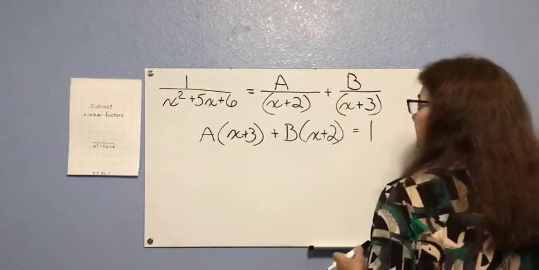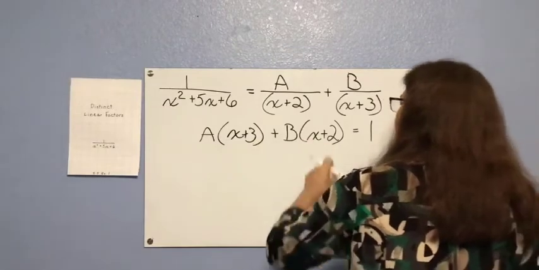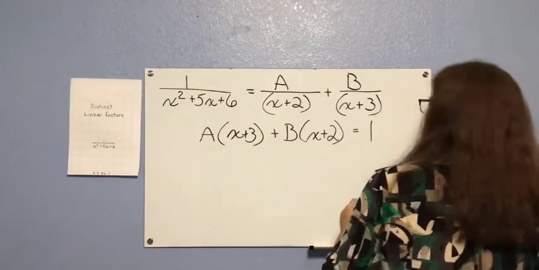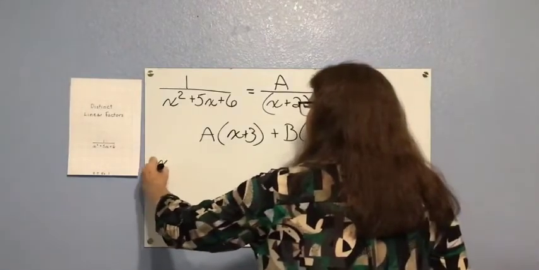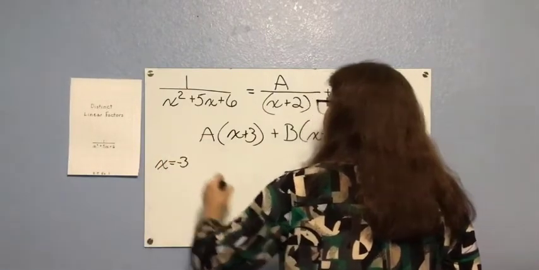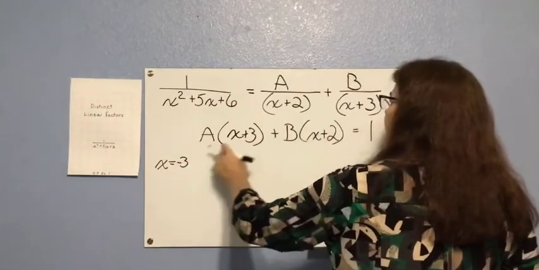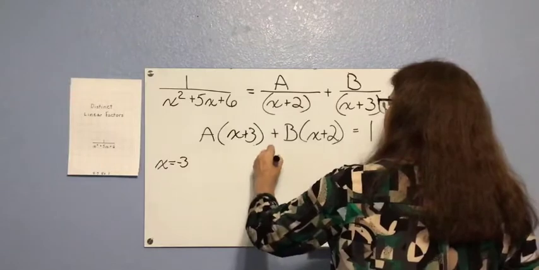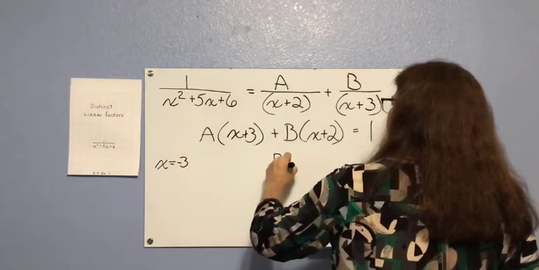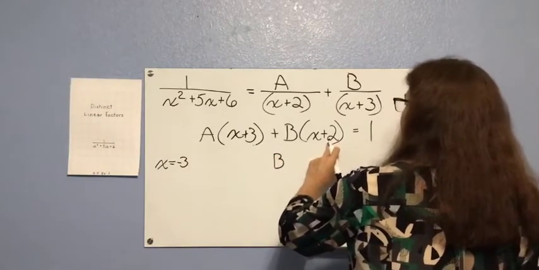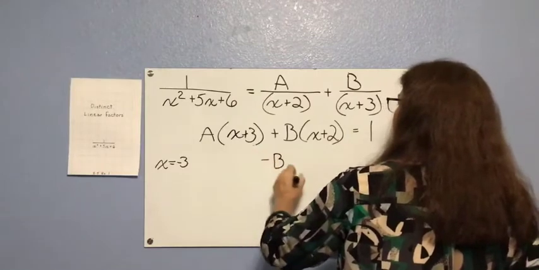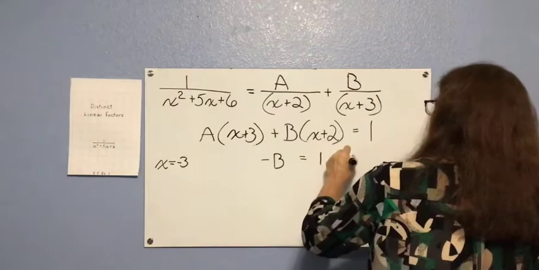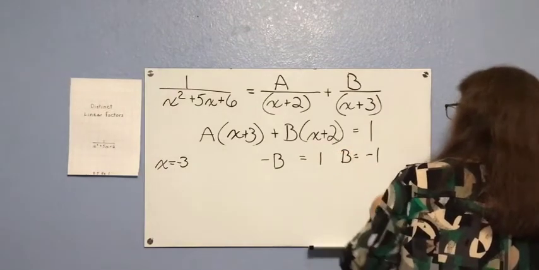So what I can do is choose values of x that will help me figure out what A and B are. So I'm going to start off with x equals -3. When x equals -3, this is going to be 0, and A is going to go away. And I'll have -3 plus 2, which gives me -1. So negative B equals 1, which means that B must equal -1.